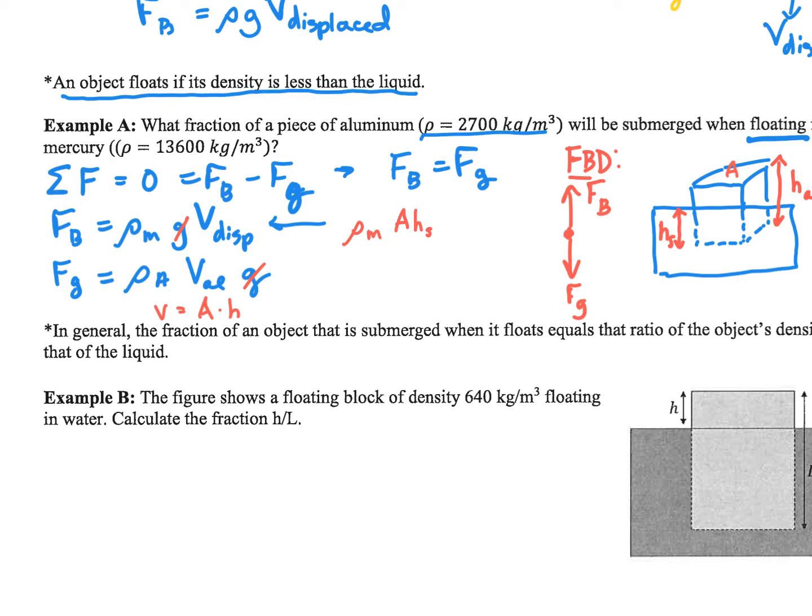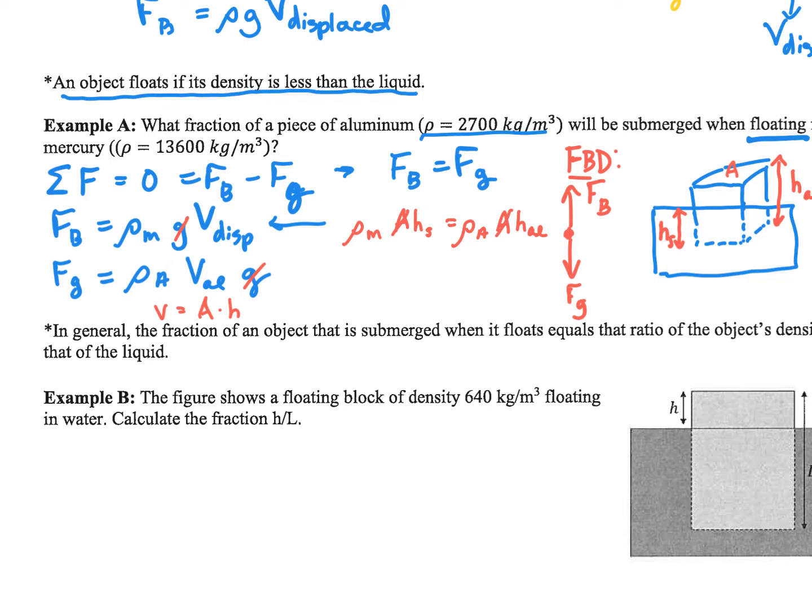So we have this is going to be equal to what? Density of the aluminum times what? Cross-sectional area times the height of the aluminum. Now what else goes away now? The cross-sectional area. So now we actually have it in terms of the things we're given.